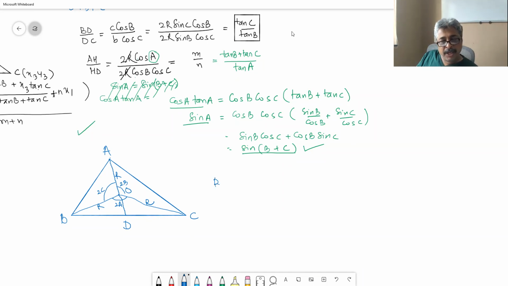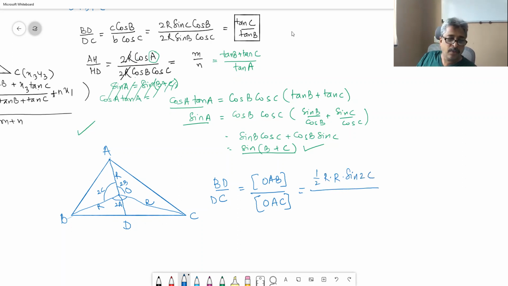Therefore, BD upon DC is equal to area OAB upon area OAC. And area OAB is half R into sine 2C. And area OAC is equal to half into R into sine 2B.